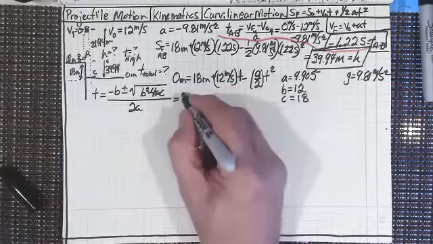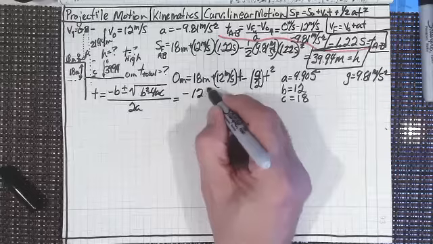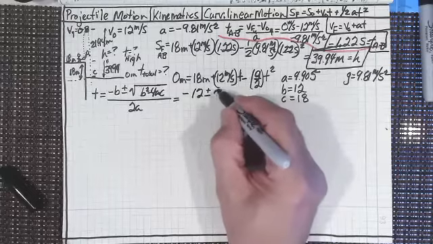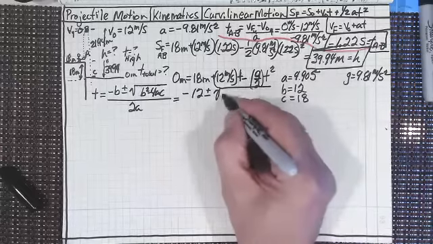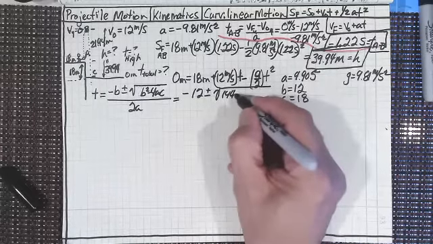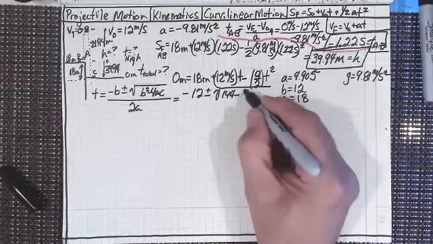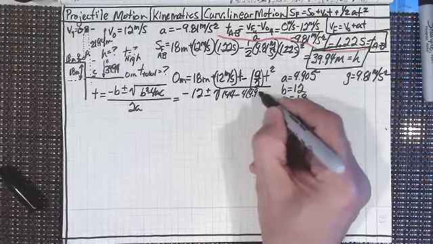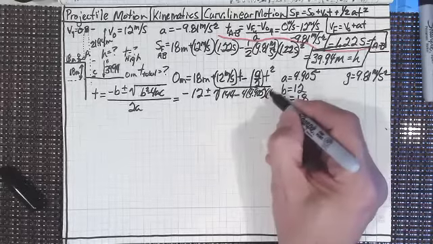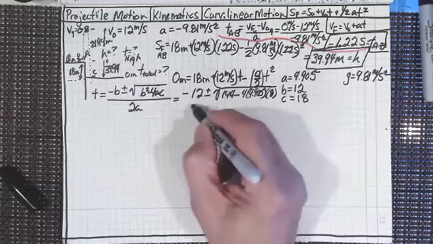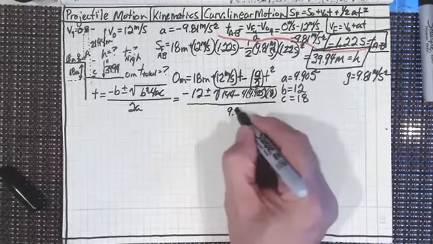So I've got minus B, 12, plus or minus the square root of 144 minus 4 times 4.905 times 18, right? And that whole thing divided by 9.81.